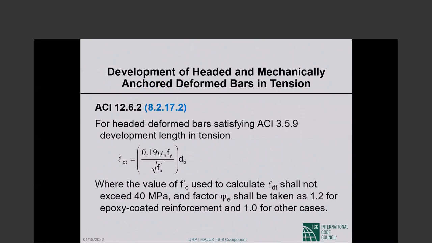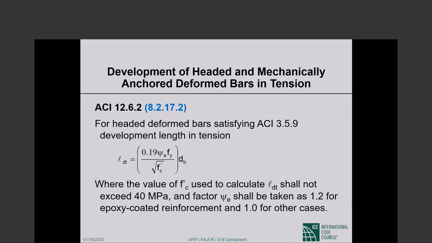So for headed deformed bars satisfying 3.5.9, development length in tension is as shown by the expression, again, f sub y, f sub c prime, psi sub e, and bar diameter, where the value of f sub c prime used to calculate L sub dt shall not exceed 40 MPa. This we haven't come across before, but with headed bars we are imposing this limit. The factor psi sub e, the epoxy-coated factor, shall be taken as 1.2 for epoxy-coated reinforcement and 1.0 for other cases.